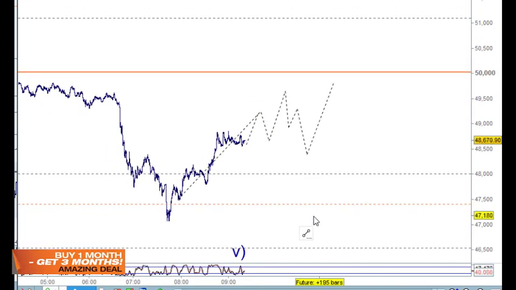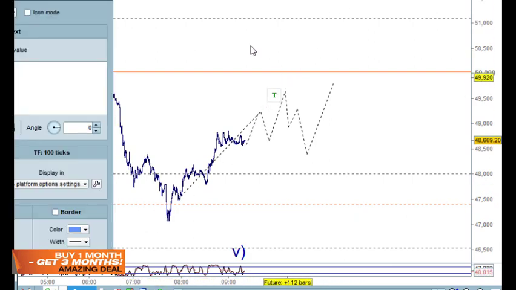So really what I'm trying to look for here is the first impulse wave to the move to the upside. We're looking for 5 waves up, and we don't have that yet, so it can't be confirmed that we've got a change in trend.